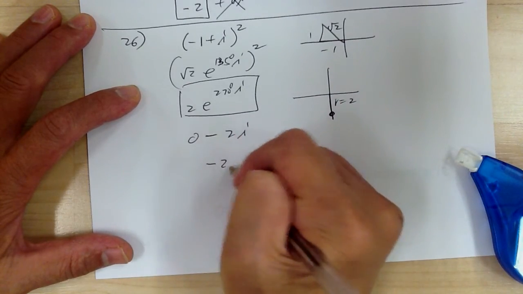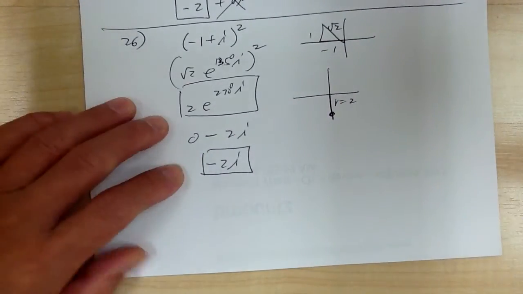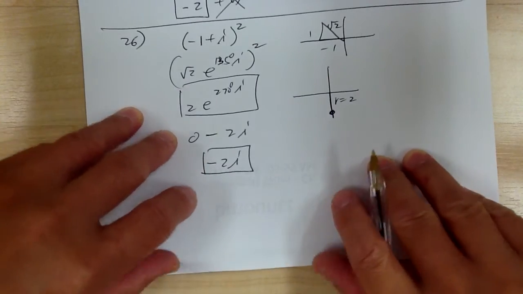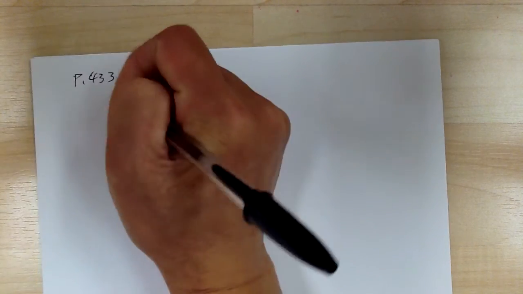So the answer will be just minus 2i. Okay, let's go to the next one. Let's go to page 433, and let's do number 6.